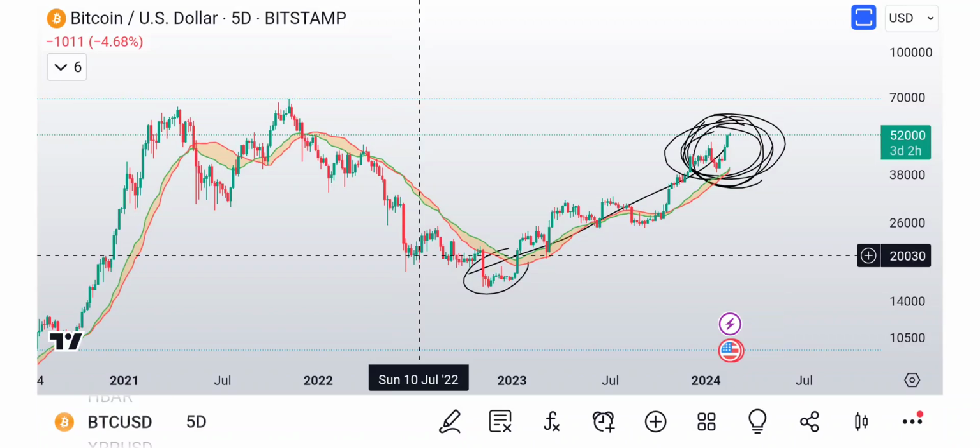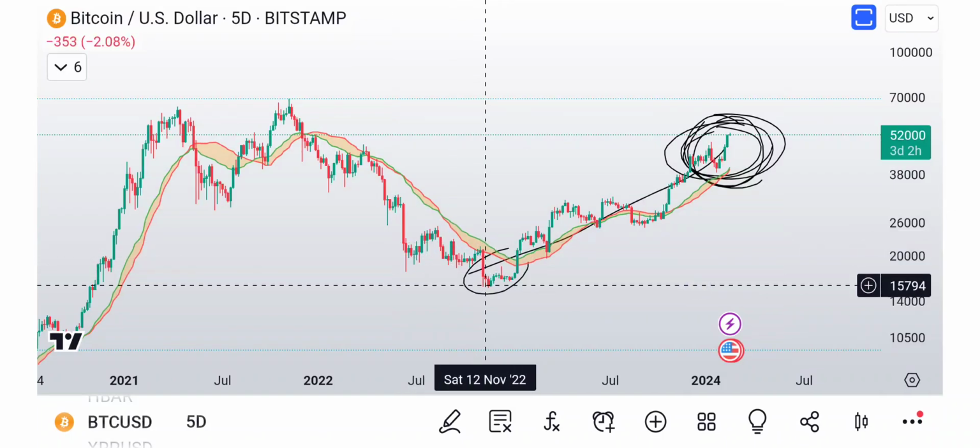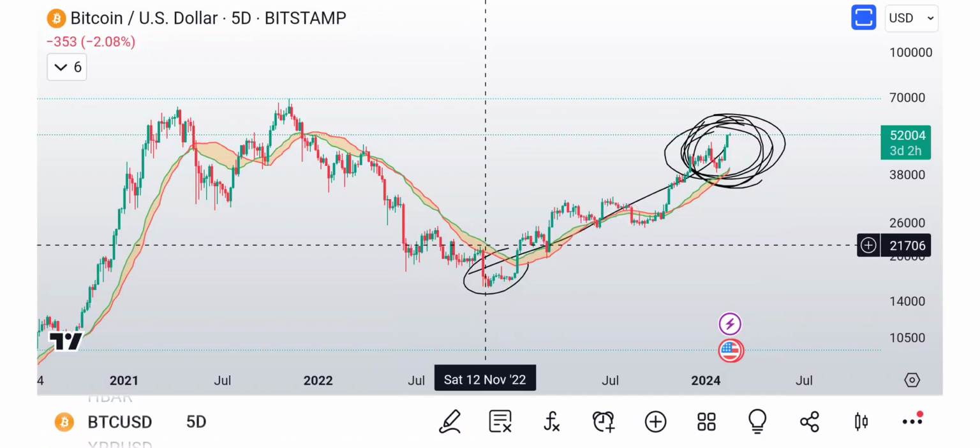How are you feeling at the time? Because you had Celsius, Three Arrows Capital, you had the FTX, you had the SEC suing Coinbase and all the others, right? So you had a lot of reasons to say this is not good, this is bad, this is bad. But a lot of times, that's what happens at bottoms.